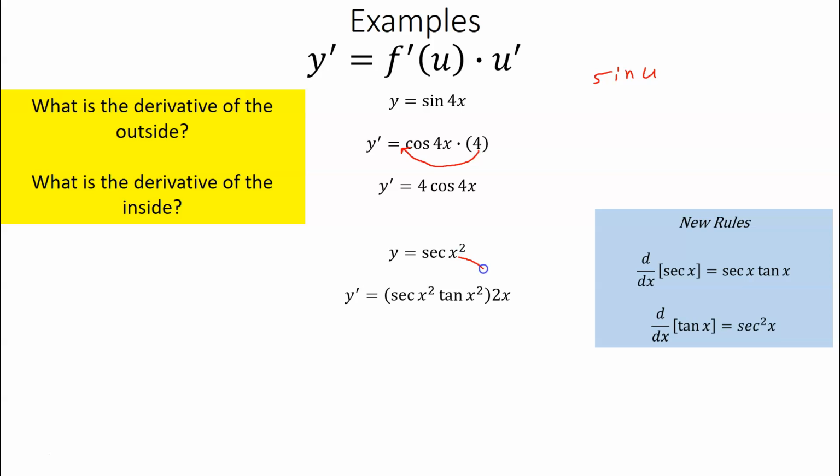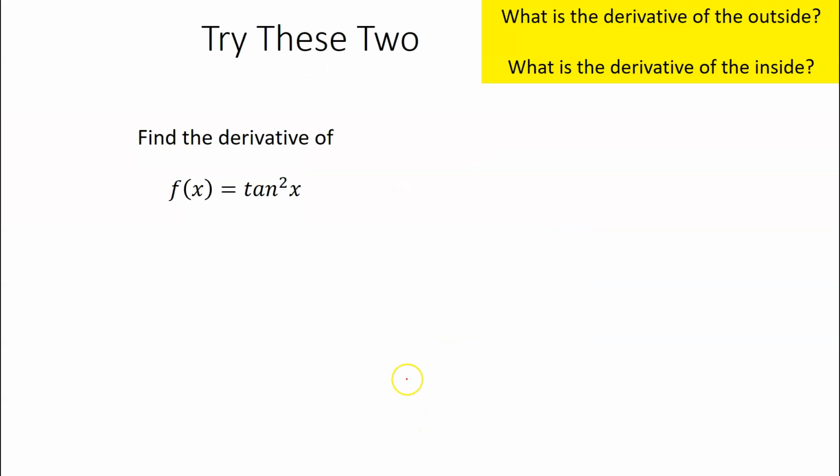So the derivative of x squared is 2x. And if it helps, if you're still struggling, think of it as the secant of u. Okay, secant of u is secant tangent. But the u is x squared, so it's secant x squared, tangent x squared. This is the derivative of the outside. X squared is my u, that's my inside, there's the derivative of my inside. Typically we put this out in front, so that's all I'm doing right here.